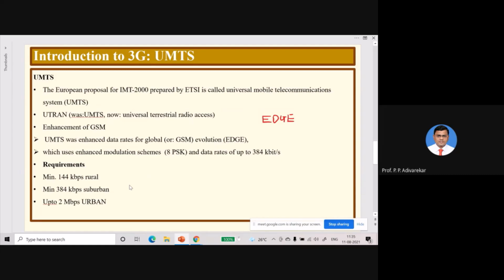It was 2.75 generation. We have seen 2G, we have seen 2.5G GPRS, and now this is 2.75G. Then we are going to see 3G, that is UMTS. 3G is UMTS.